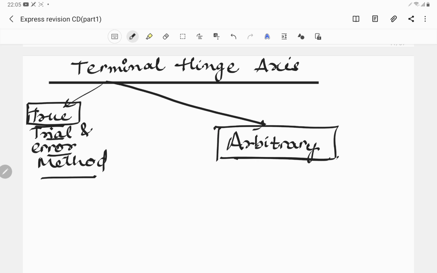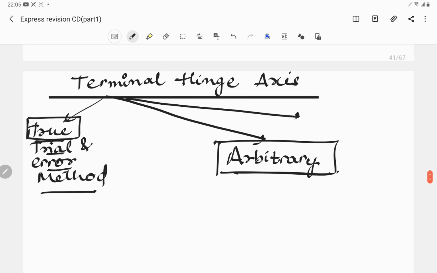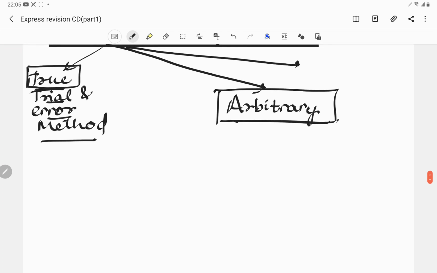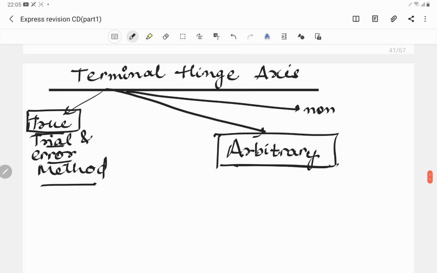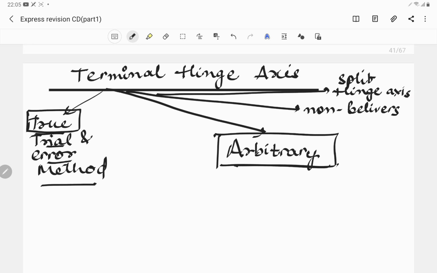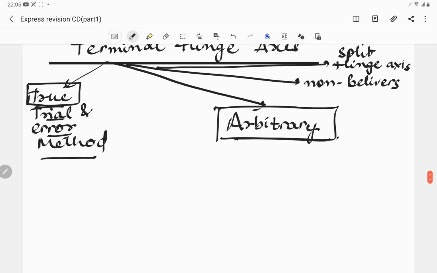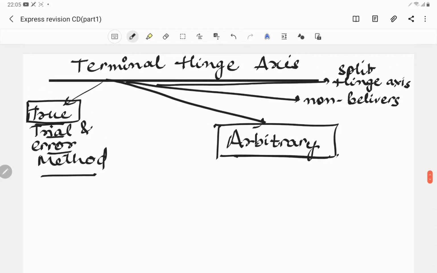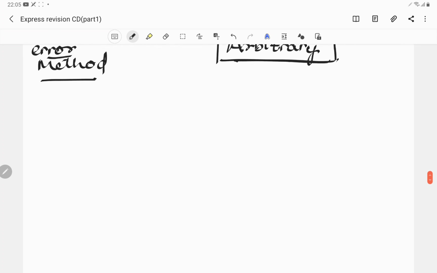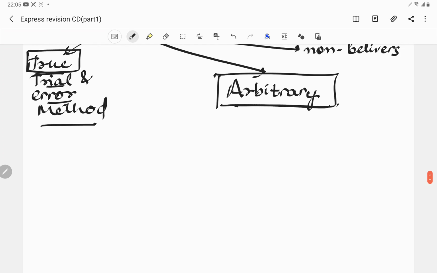In the arbitrary there are many methods we will be covering. The third one is the non-believers of the hinge axis. So some people say that we do not believe in the hinge axis; there is nothing known as hinge axis. And the fourth one is the split hinge axis. Some people believe that there are two axes of rotation, one in each condyle, and both are parallel to each other. So that is the split hinge axis school of thought. So we have got true, arbitrary, non-believers and split.